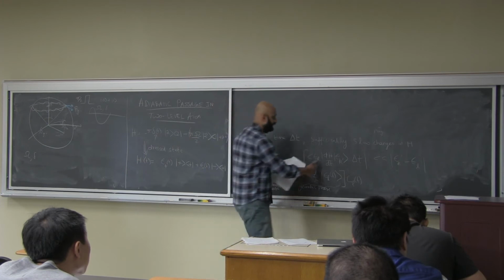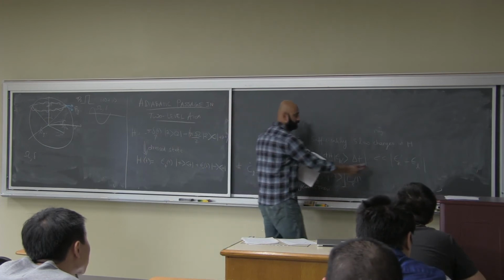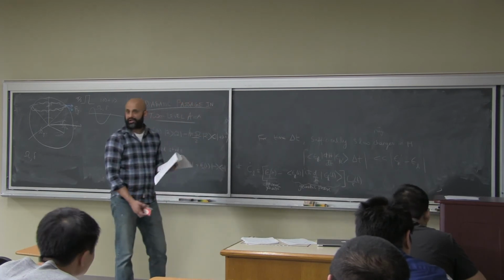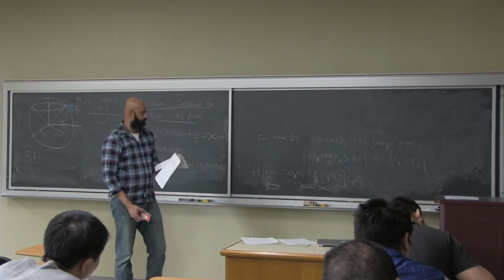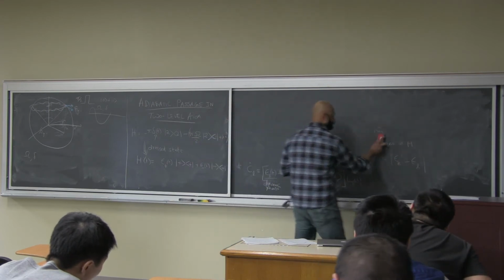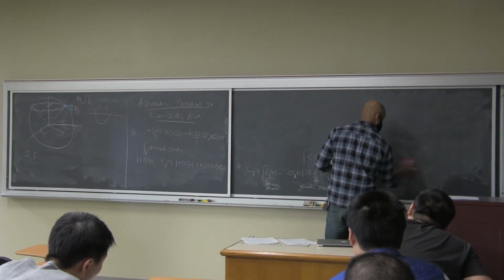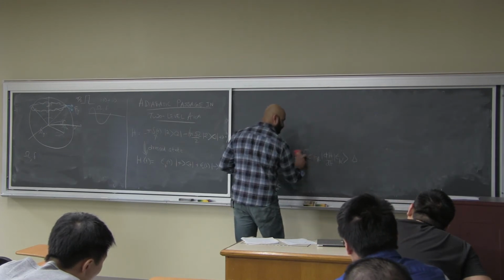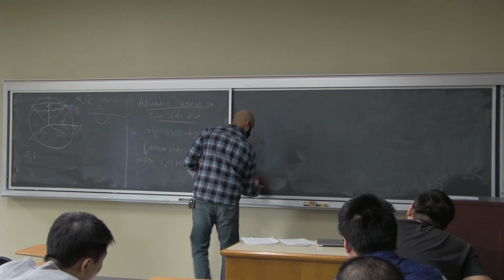And we want this rate to be much smaller than the splitting between the two energies of these instantaneous eigenstates. So we'll apply that first, and then we'll show how that works in the full system.